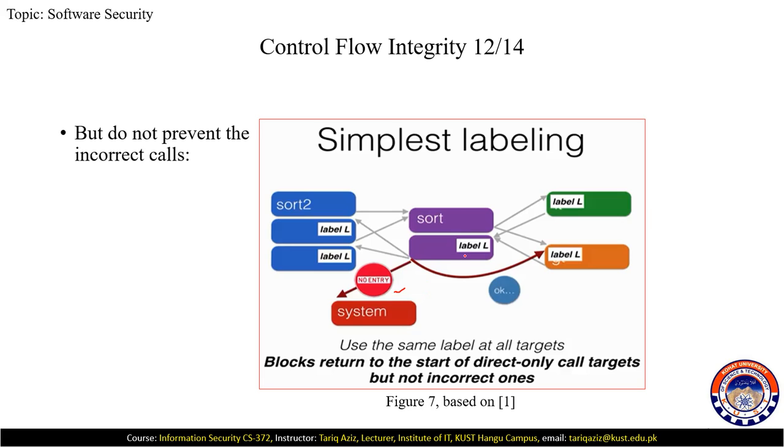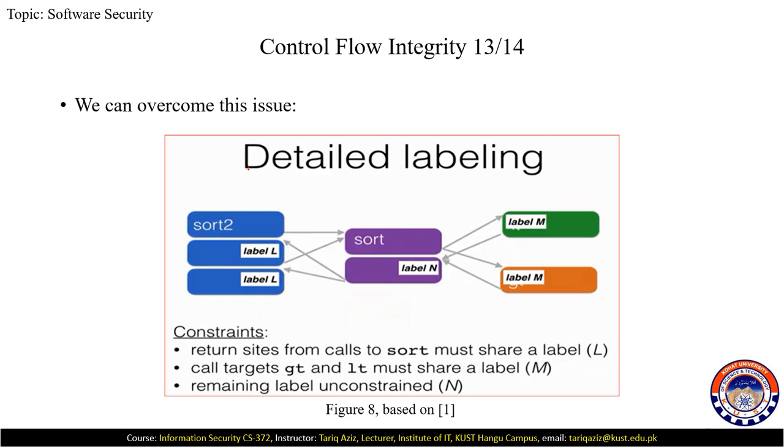But what if the adversary or the attacker manipulates the return value, and then the value returns to this label L again? So it is okay, but with respect to the program, the behavior of the program could be wrong, or the program could behave abnormally. So what do we have to do then? In this case, we have to overcome this issue by putting some constraints.